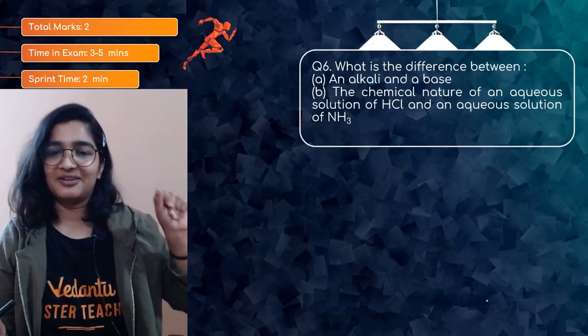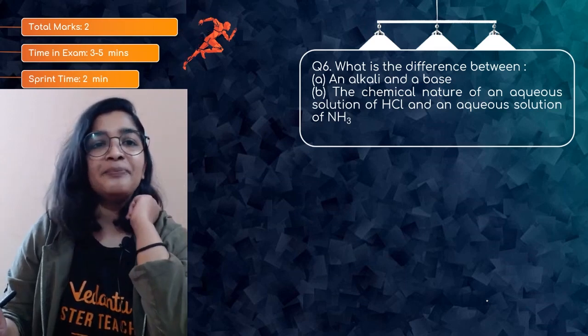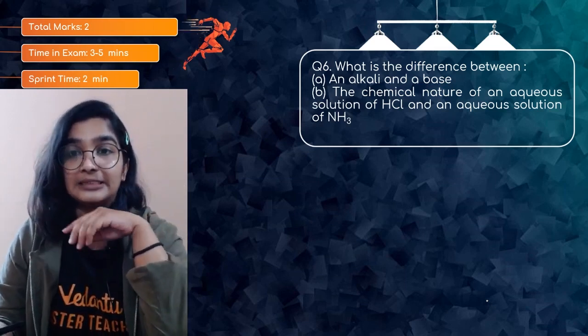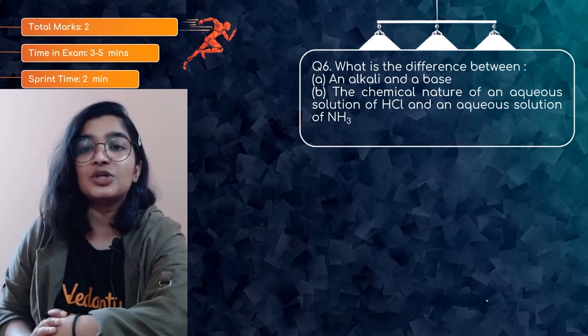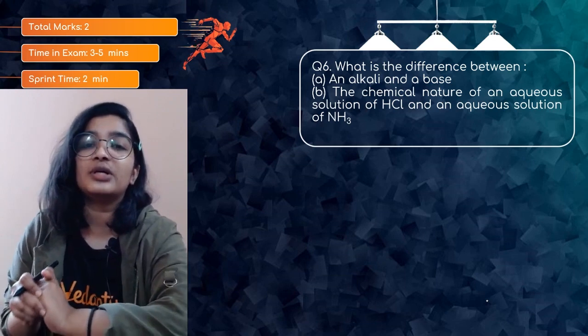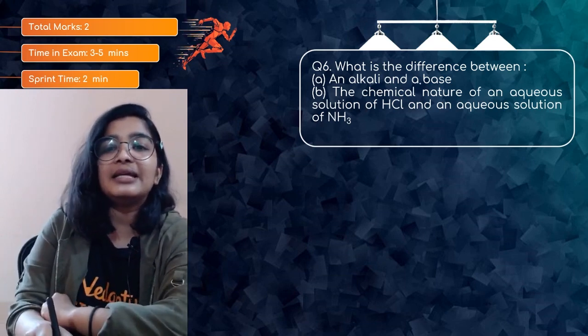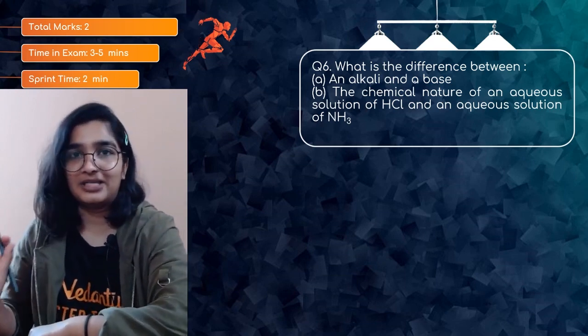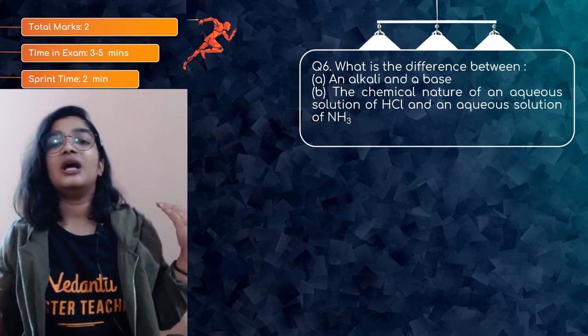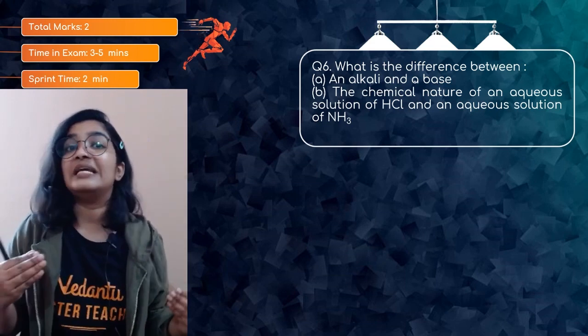Let's come back to the study of acids, bases, and salts now. Question number 6 is, what is the difference between an alkali and a base? See, alkali and base, they both are bases, right? All alkalis are bases, but not all bases are alkalis.